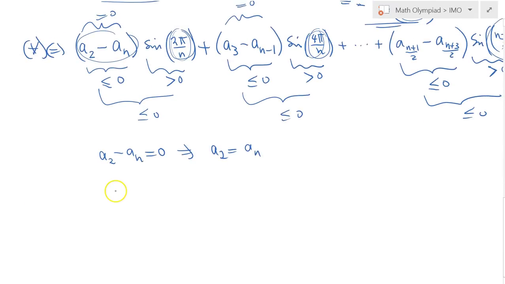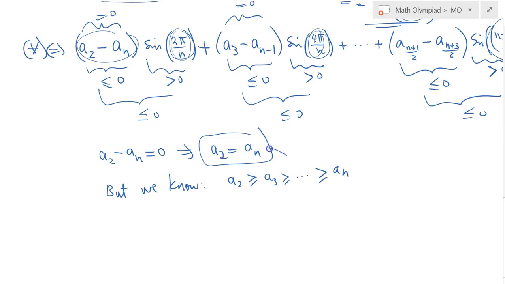So we had this sequence, but we know that a2 is greater or equal to a3, which is greater and so on all the way to an. How do you reconcile this with that? The only explanation is that this implies not only a2 is equal to an, but everything between them, by the sandwich theorem, all of them are equal, right? So a2 is equal to a3, and so on, all the way to an. They are all equal to each other.